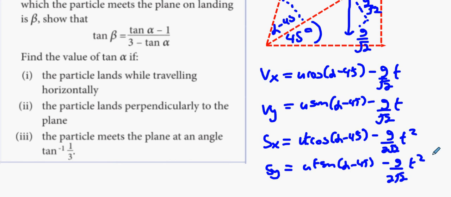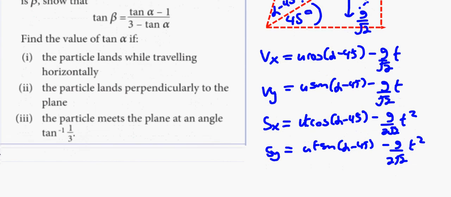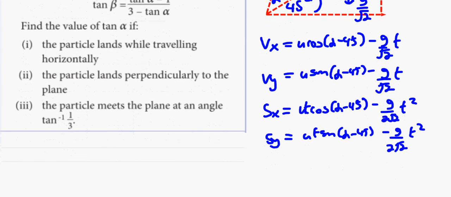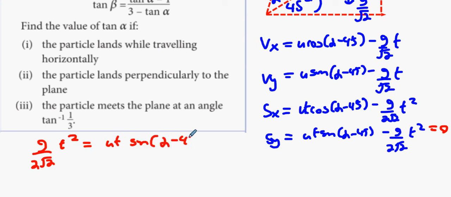Have a look. Just look at these 4 equations and tell me if you see anything. I think I'm good. Alright. Time of flight, put Sy equal to 0. And what we get is g over 2 root 2 t squared equals ut sin(alpha minus 45). t cancels.